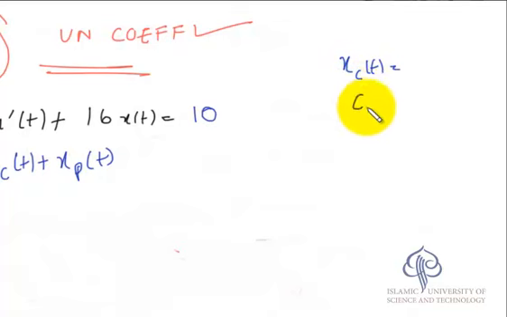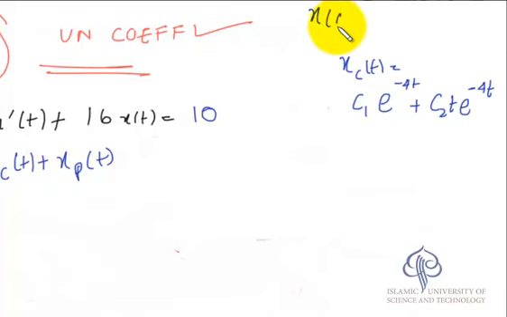So it was c1 e to the power minus 4t plus c2 t e to the power minus 4t. Suppose the initial conditions are the same, so x(0+) is 1 and x'(0+) is minus 1. So the initial conditions remain the same.